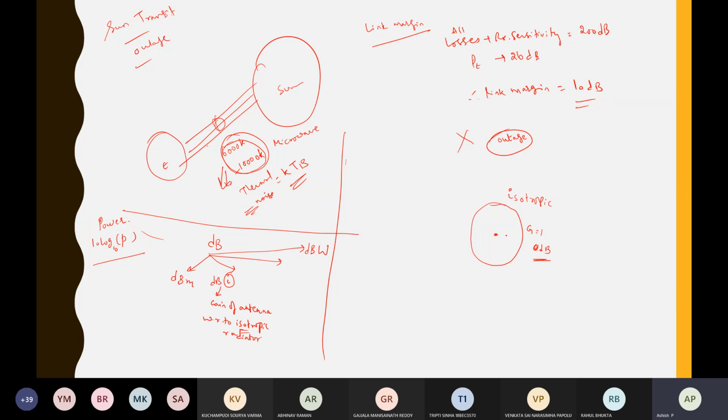Now your directional antenna, how much better it is compared to the omnidirectional or isotropic antenna, that defines the gain of the antenna. So generally we refer to it in dBi: how many dB it is above the isotropic antenna. Like that, different values are there in the dB scale. But why have they gone for dB?